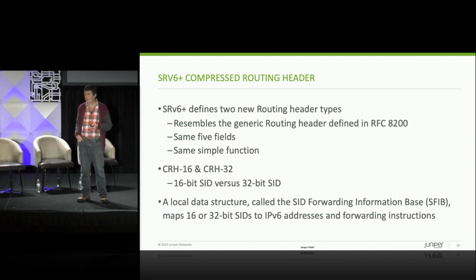One defines the Cid in 16 bits, the other in 32 bits, otherwise they're identical. And there's a local data structure called the Cid Forwarding Information Base, or the SFIB, that maps this 16 or 32-bit Cid to an IPv6 address and a forwarding instruction.